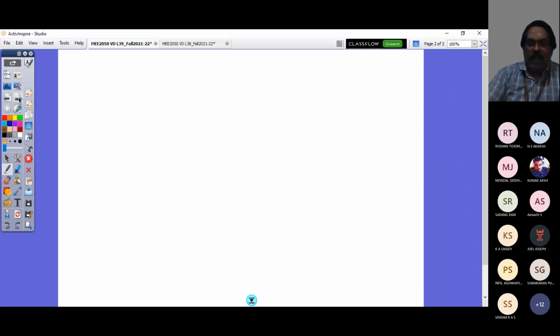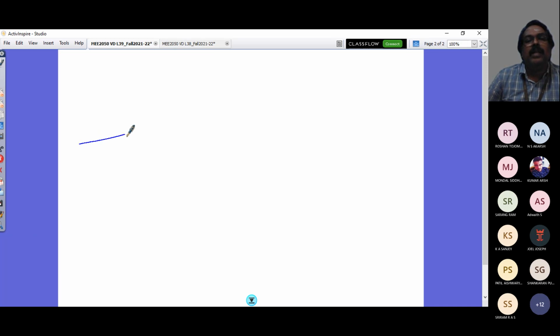One is a vehicle free body diagram, another is an individual wheel free body diagram. Like in the last class we derived the acceleration of the vehicle, let's look now at deceleration.